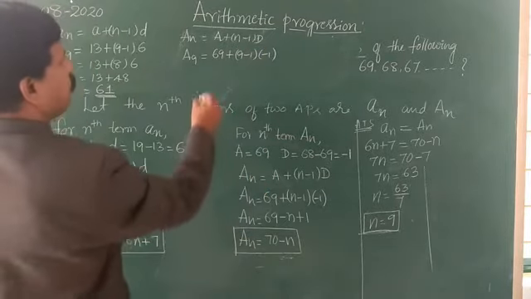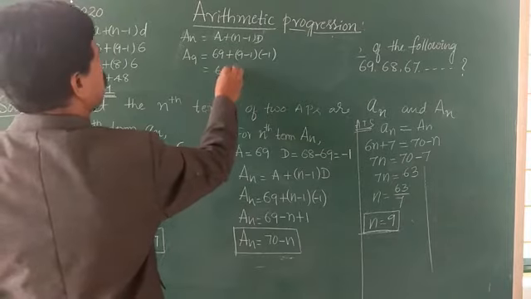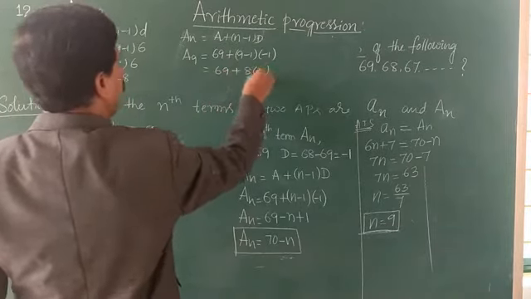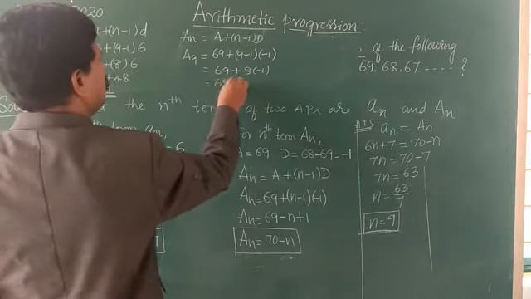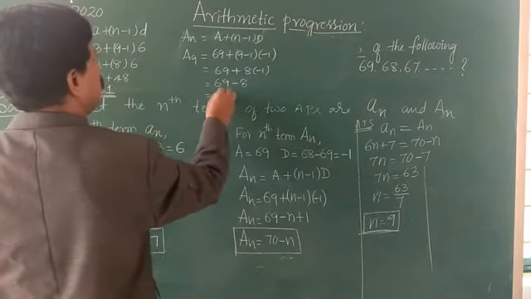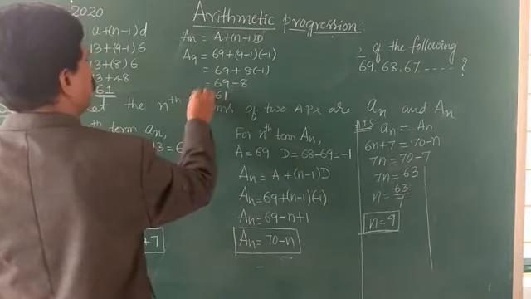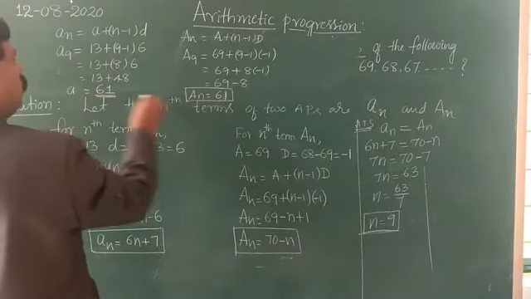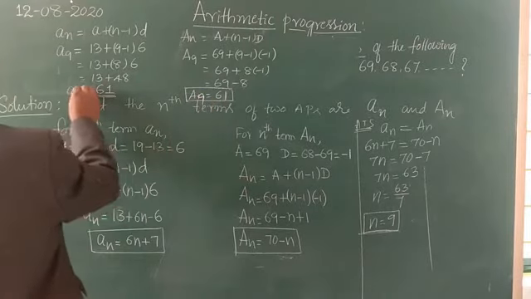So here it is 69 plus 8 into minus 1, that is 69 minus 8, so this is 61. So the ninth terms of both are the same.